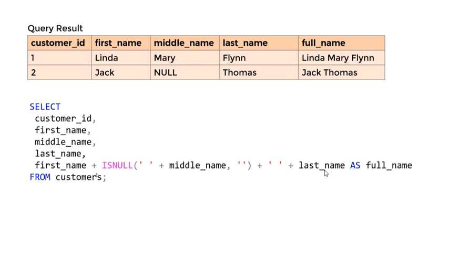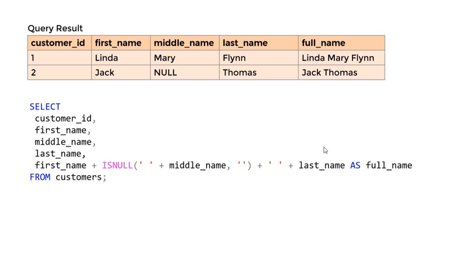Like that, ISNULL: if it is null, take a space plus the middle name. The second argument that we specify in the ISNULL function is just an empty string.